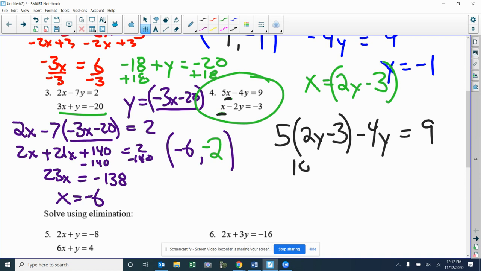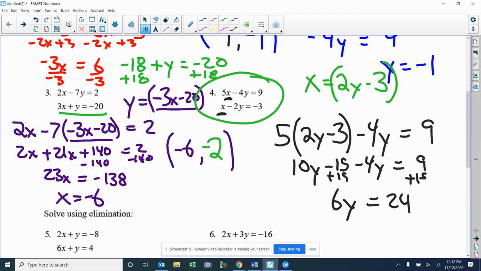Distribute. 10y, don't forget it's got to go over 3, 2, minus 15, minus 4y equals 9. I'm going to have 6y on this side. If I plus 15, I'm going to have 6y equals 24. Divide by 6. Looks like my y is 4.